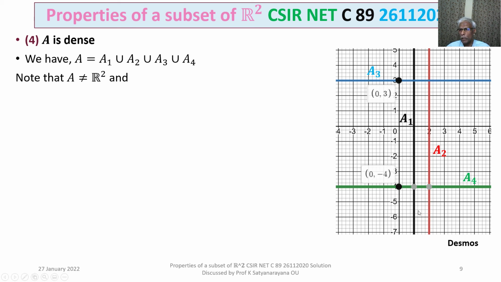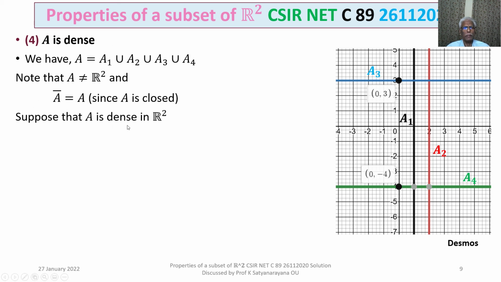Points on A1, points on A2, points on A3, points on A4 will not exhaust all the points of R square, and A is a proper subset of R square. A is not equal to R square. And because A is closed, A bar is equal to A. A is closed if and only if A closure is equal to A.